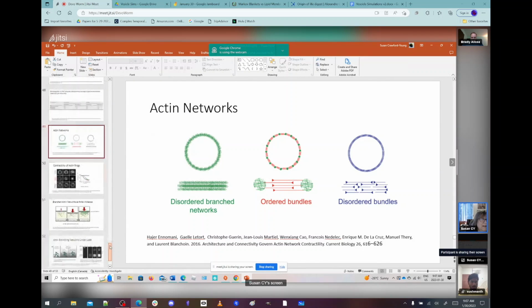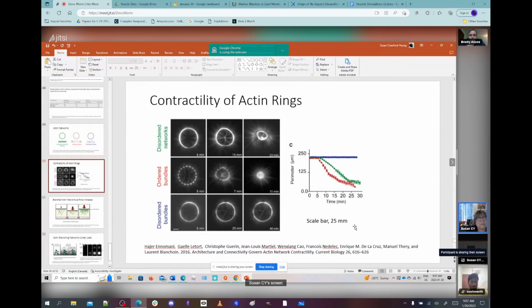And this is what they'll do for you. If you have ordered bundles, they tend to close. If they're a ring, they'll close if they're an ordered bundle, and much better than disordered networks. Well, they sort of do it.